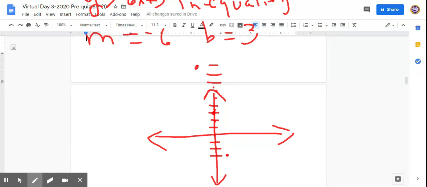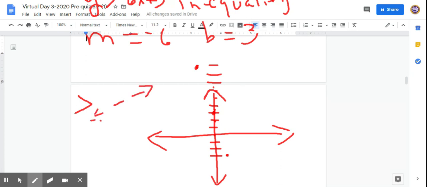All right, now what do we have to do? Now we have to decide whether it's going to be a dotted line or a solid line. So our inequality is greater than. So that means dotted line.